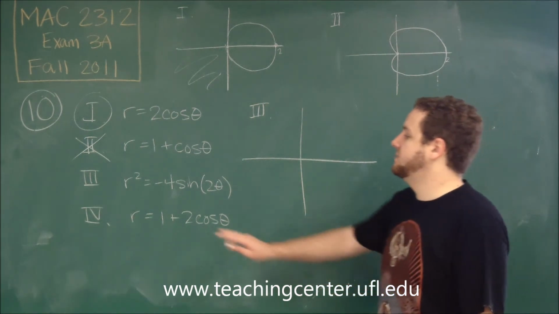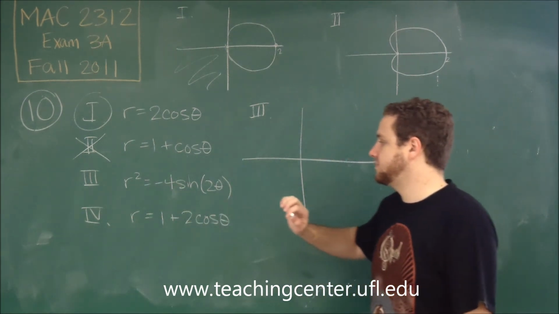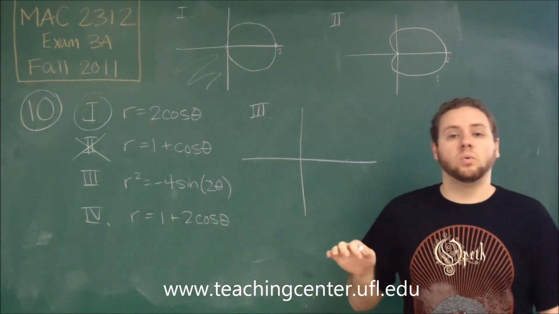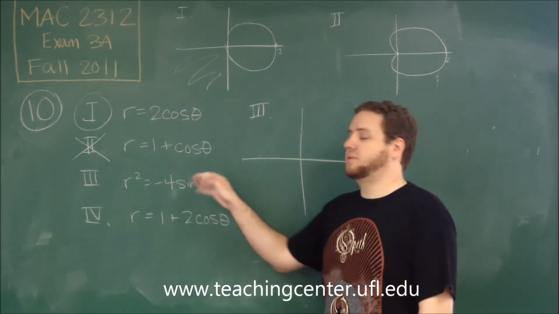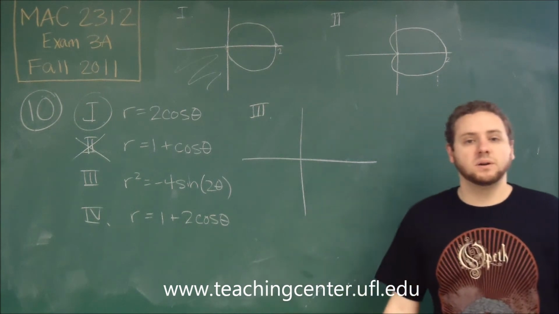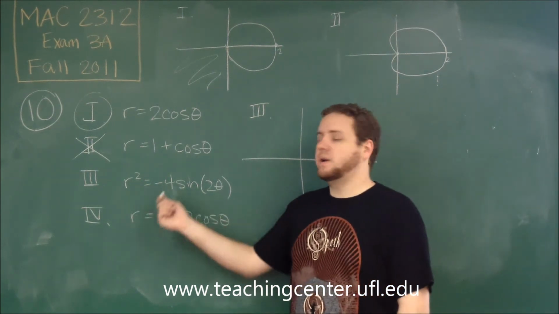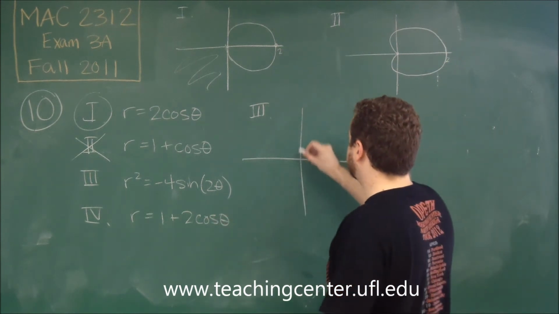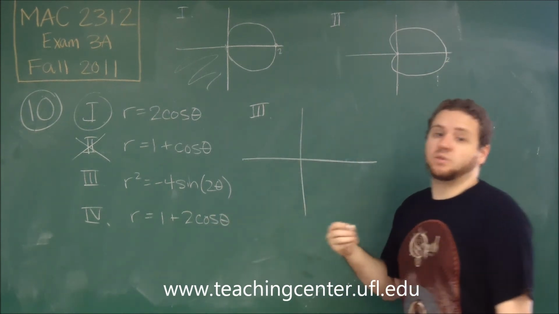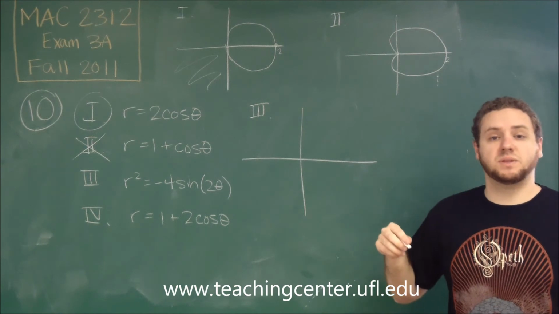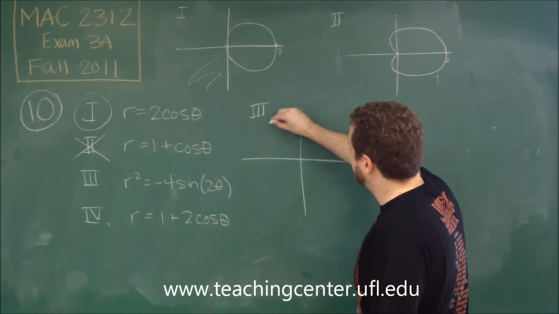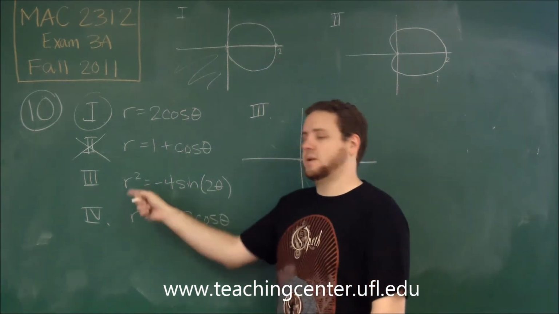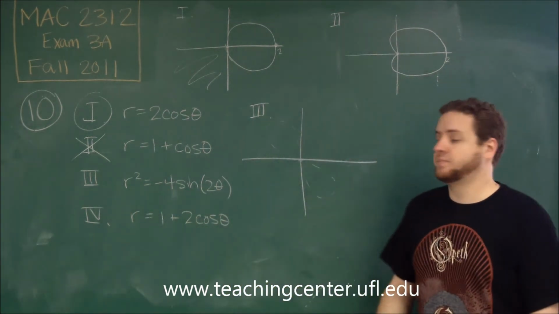Well, keep in mind, say this negative sign wasn't here. There are plenty of values of theta that don't work because sine of 2 theta would result in a negative number, and since we have R squared equals, we couldn't have that, and that's why the standard graph of this only has 2 leaves instead of your normal 4 leaves for sine of 2 theta, because these over here would have resulted in a negative value, and you can't have R squared equals a negative value.